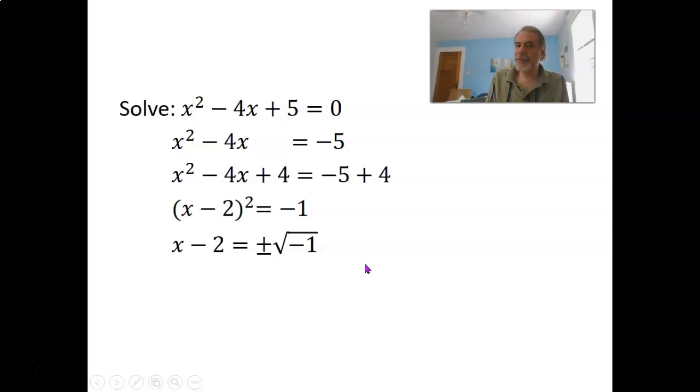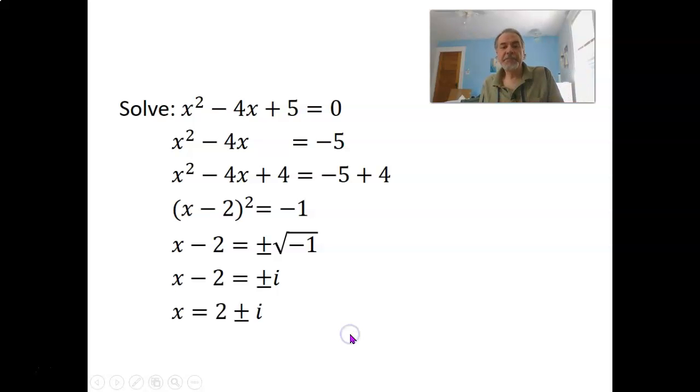What is the square root of negative 1? Well, that would just be i. So x minus 2 equals plus or minus i, and that means x would be 2 plus or minus i. So the two solutions to this equation are 2 plus i and 2 minus i.